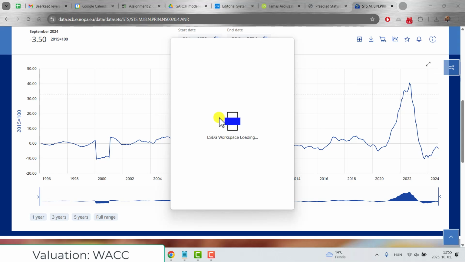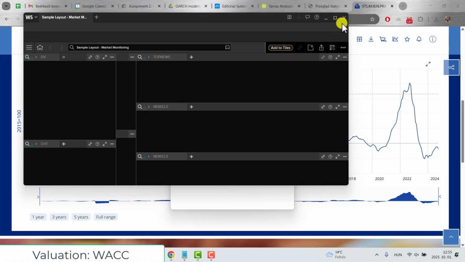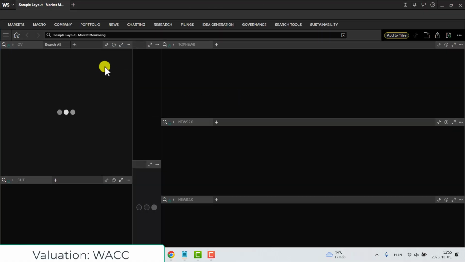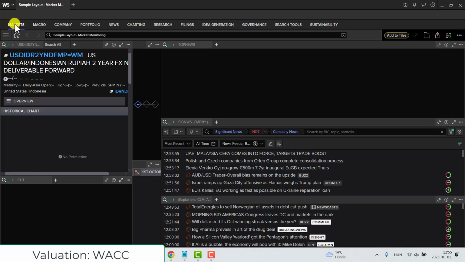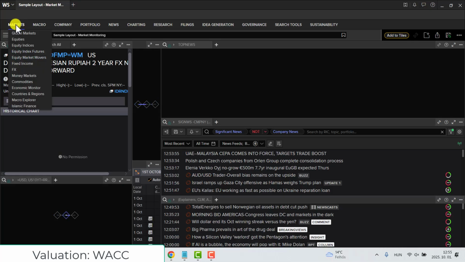And the Eikon database has now been rebranded to LSEG Workspace. Doesn't matter. Now it's owned completely by the London Stock Exchange, and they are creating their own brand, which, okay, this is their company, so that's their decision. Just, I think it looks ugly.